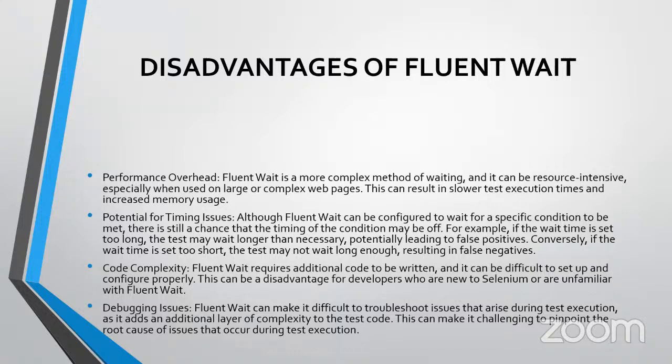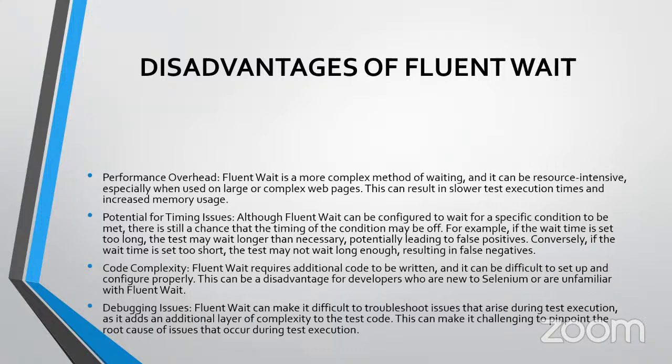One other disadvantage is the code complexity. With Fluent Wait, it requires additional code to be written. Unlike the implicit wait, where you have simple code to write, and even the explicit wait, where you have a simple kind of code to write, with Fluent Wait you have a more complex kind of code to write.